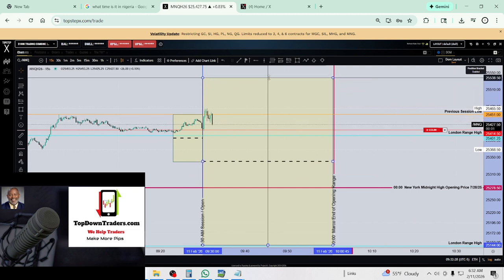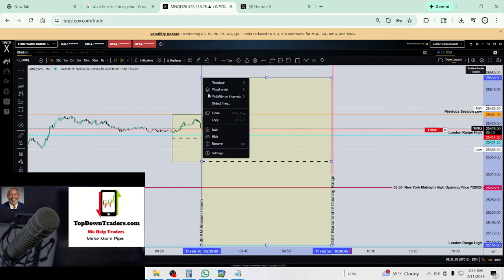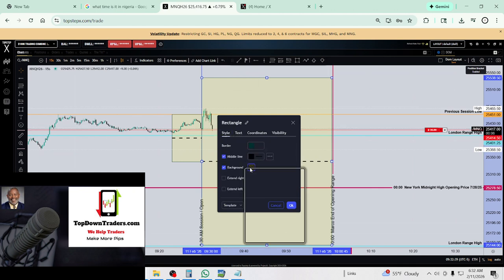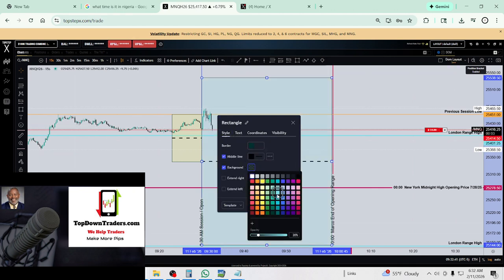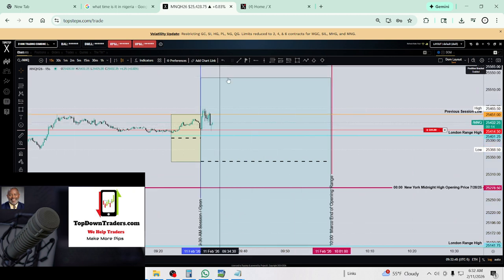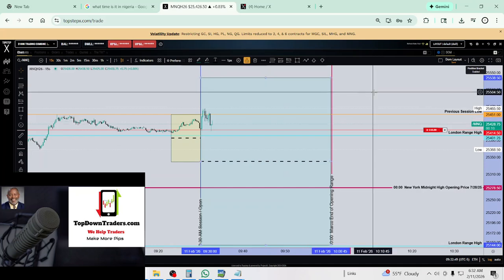I'm going to change this color to give it contrast, and lock this chart so I won't move around and scatter things.